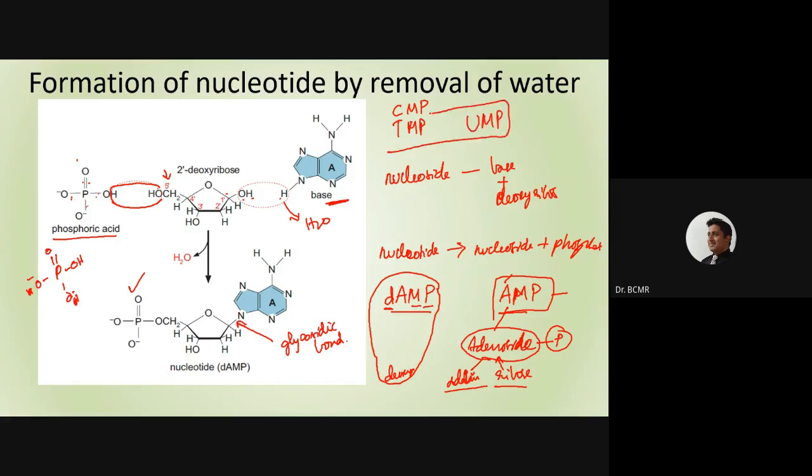What is wrong here? Can you tell me this? Anybody? I have written something wrong in this rectangle here. Can anybody tell me what is wrong? No? As I told you a little while ago, thymine is always present in DNA, and uracil is present in RNA.